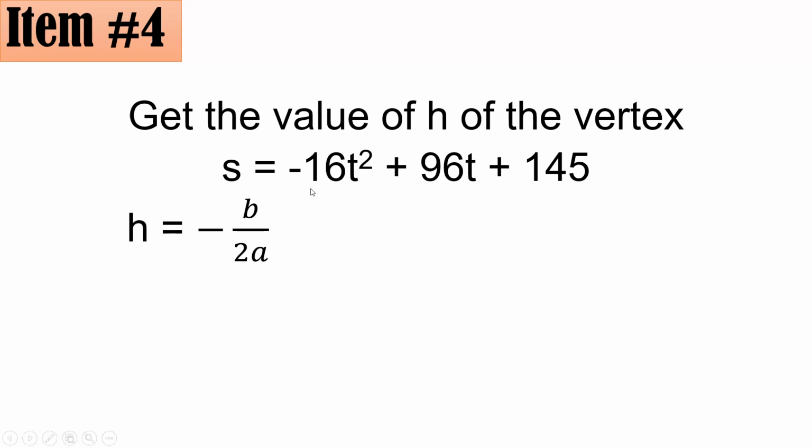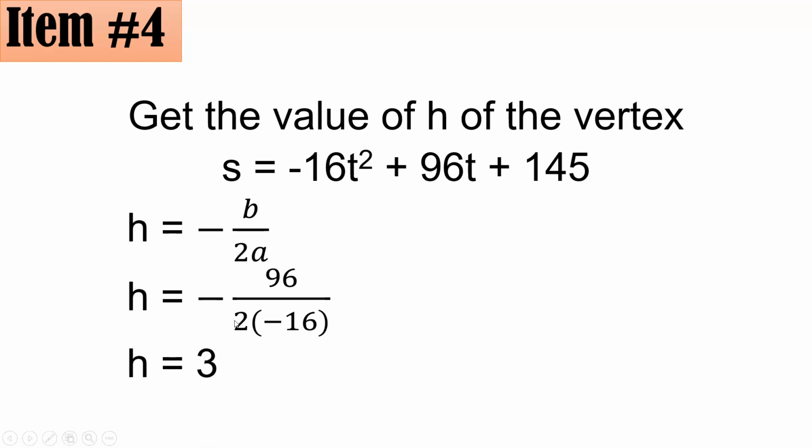So yung A natin dito, yung ay negative 16, yung B ay 96, at saka yung C ay 145. And by substitution po, H equals negative of 96 all over twice of negative 16. So you notice, and if you use your calculator, it will give you H equals 3.